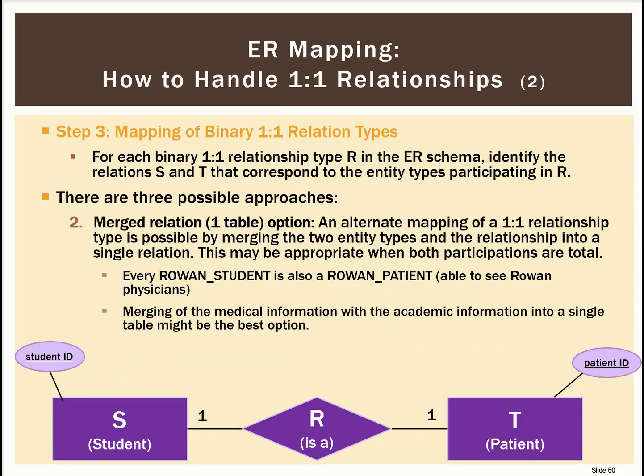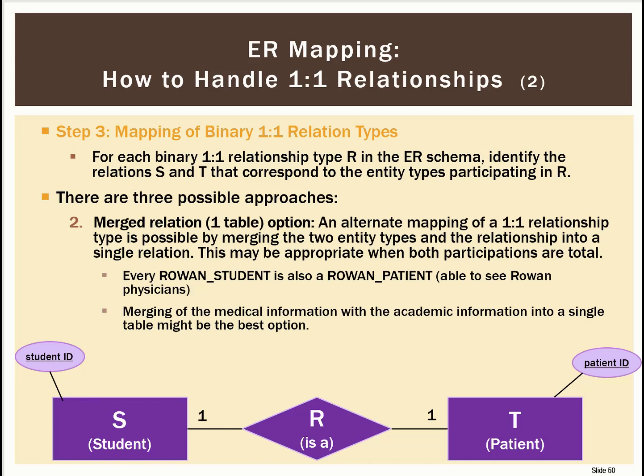For our second example of how to model a one-to-one relationship, let's do a different example. Let's talk about students at a university. Students at a university might be patients at the same university through a university health services. So we would say, in essence, that a student is a patient and a patient is a student.